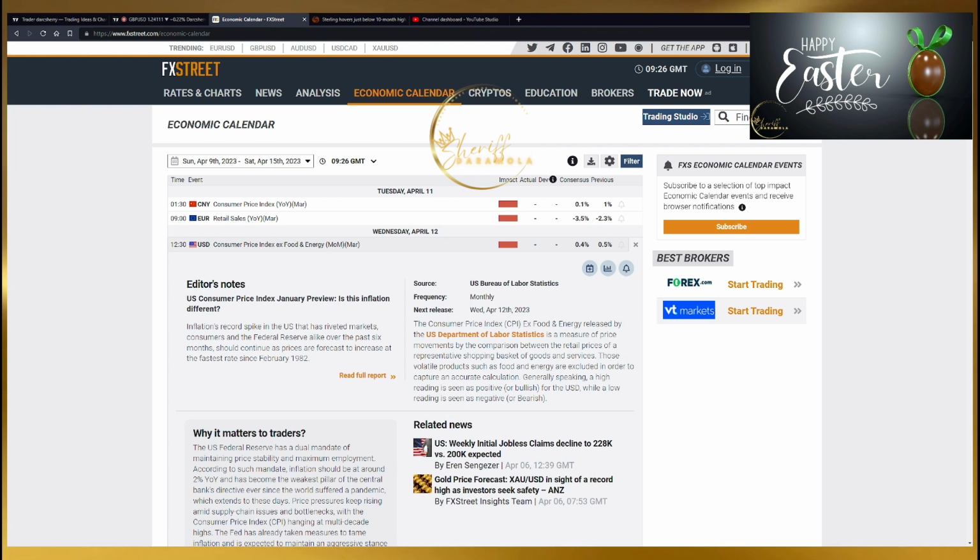This is a measure of price movement by comparison between the retail prices of a representative shopping basket of goods and services. So it's a significant economic indicator that gives us a clue into the price comparison between the retail prices of every good and service in the economy.